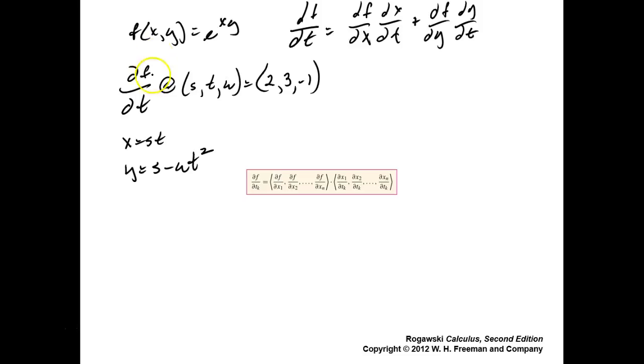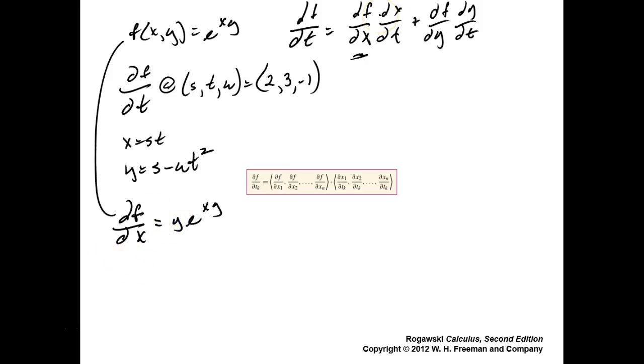Well, let's from here give what the partial of f with respect to x is. We're doing this one first. What is that? E to the xy, but you got a little bit of a chain rule there, times y. Perfect.